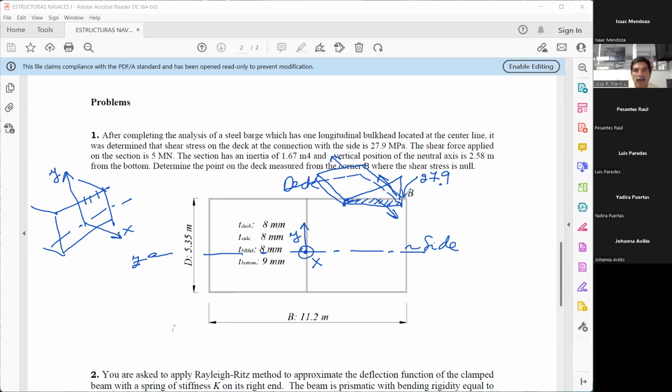Now, tau here, because that's where I start the sector, I integrate from here until here. Why until here? Because here I know that the shear stress is 0. And that's equal to VQ at B divided by inertia and B.